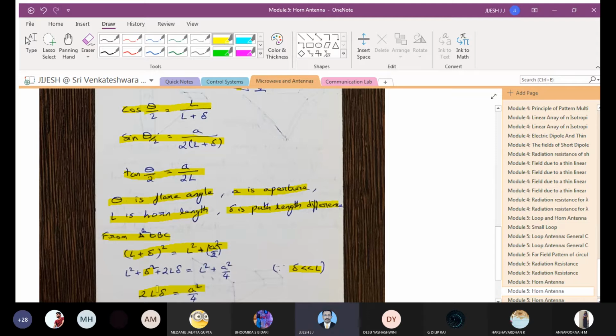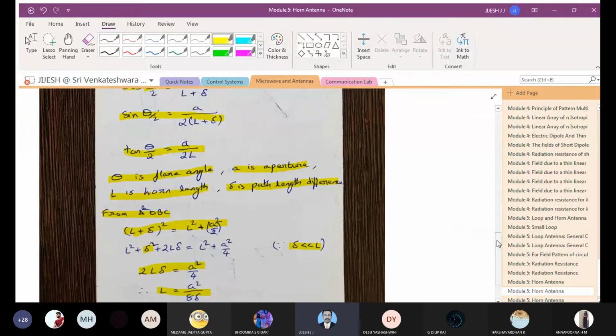Since delta is very much less compared to the length of the antenna L, you will get 2L delta is equal to A square divided by 4, and L is equal to A square divided by 8 delta.